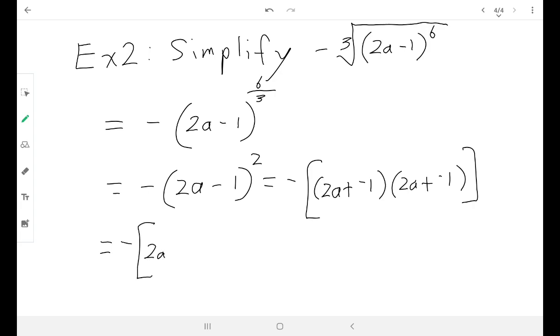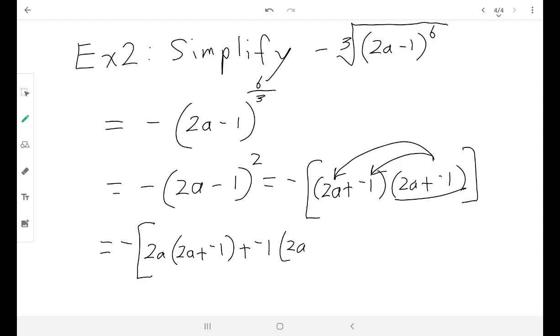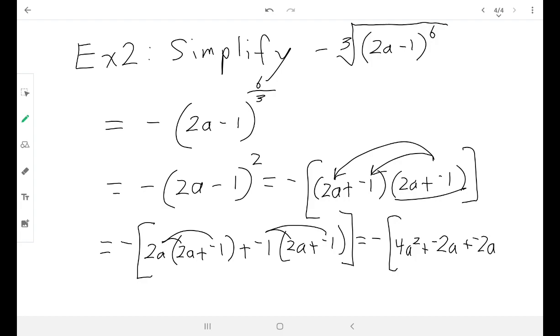I could do 2a, I'm taking this and distributing it to each one of these. 2a times 2a plus negative 1 plus negative 1 times 2a plus negative 1, which is the negative of, and then I could do all these distributions here, 4a squared plus negative 2a plus negative 2a plus positive 1.